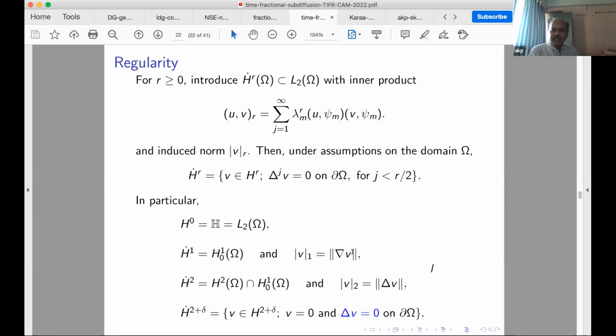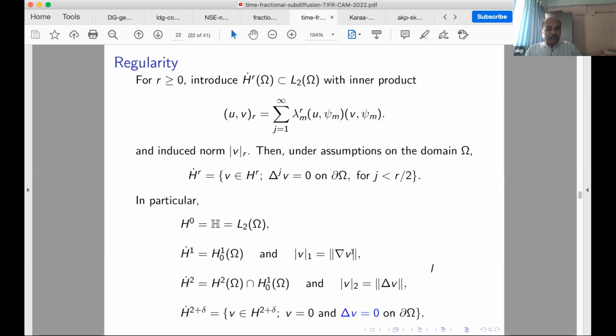For finite element analysis or finite difference analysis or finite volume analysis or spectral analysis, whichever way, you need a certain regularity of the solution, and that regularity you can prove.